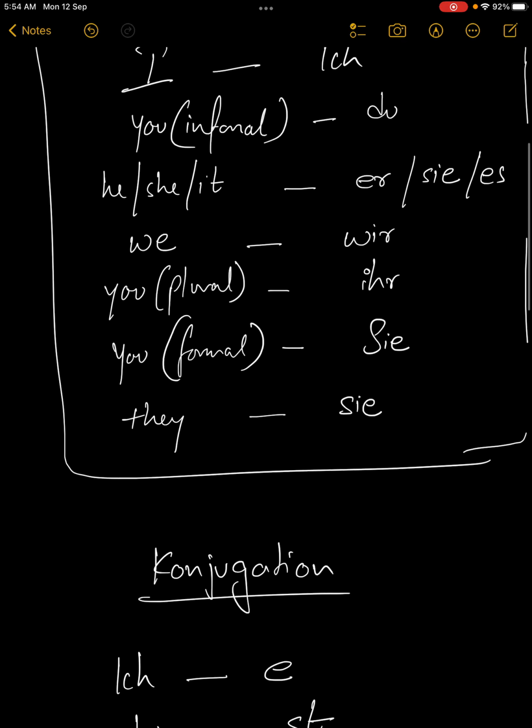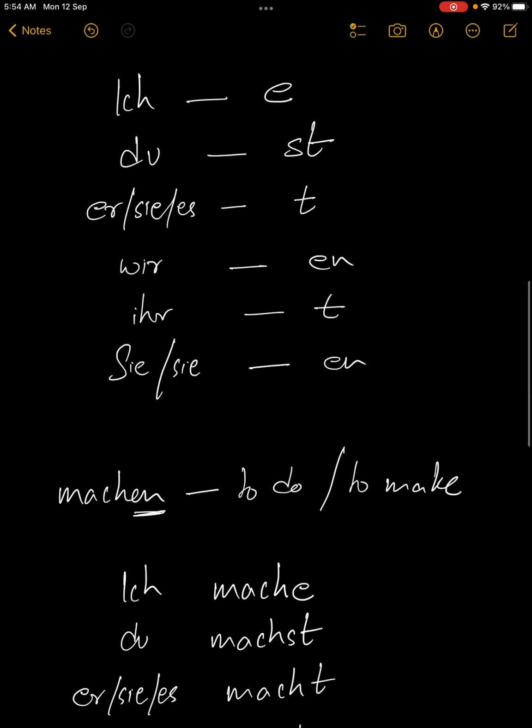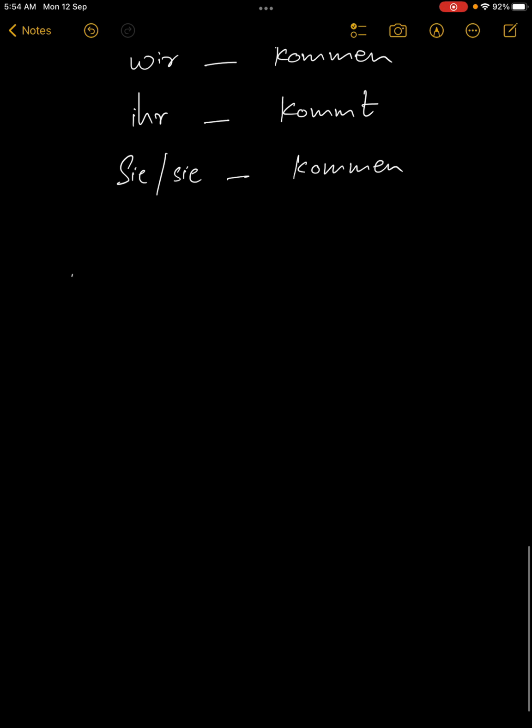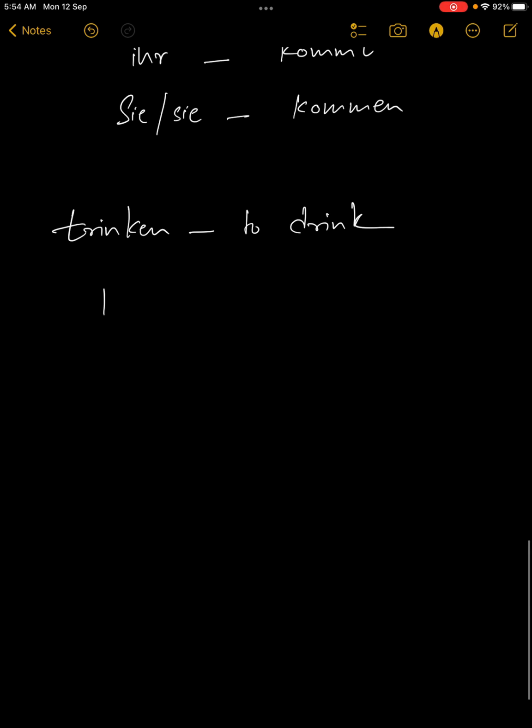Alright, one more verb is there. I wrote it earlier: trinken. Let's do trinken, which means to drink. So, conjugating trinken. Ich trinke. Du trinkst.